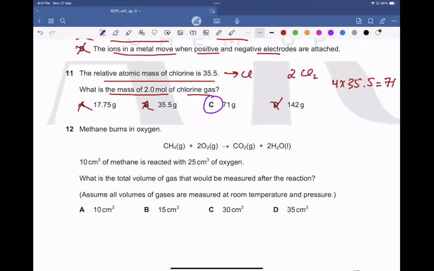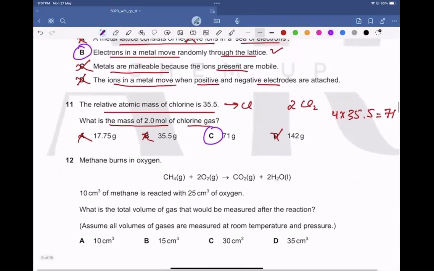What are not moving, Khatija? Yeah, but which particle are you asking about?